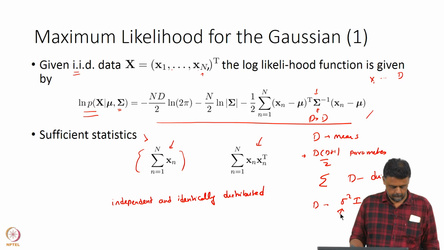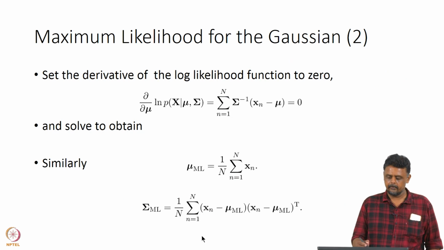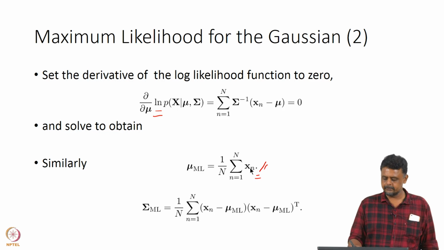Okay. So, to reiterate, you will set the derivative of the log likelihood function to 0 again with respect to mu, and you can actually solve to obtain that mu again for the multidimensional case is the mean of your data points. Again remember that these are vectors.